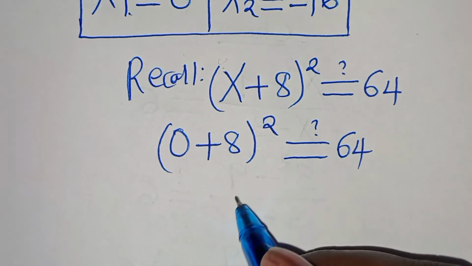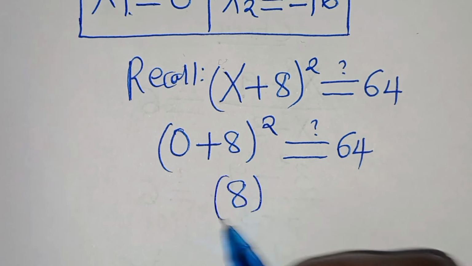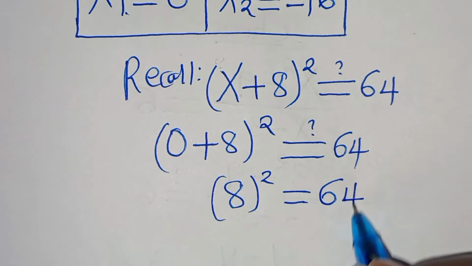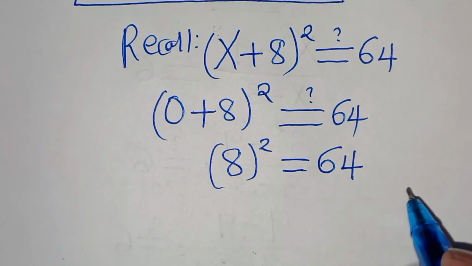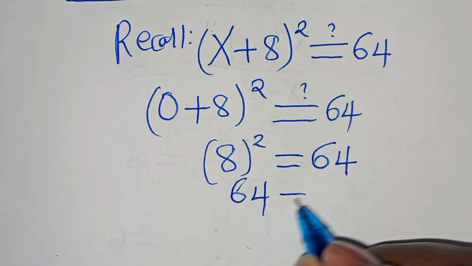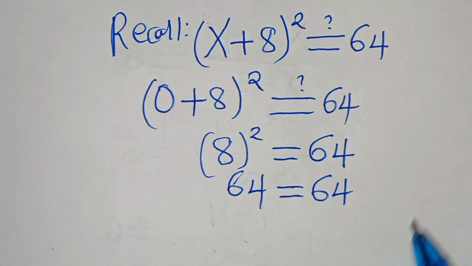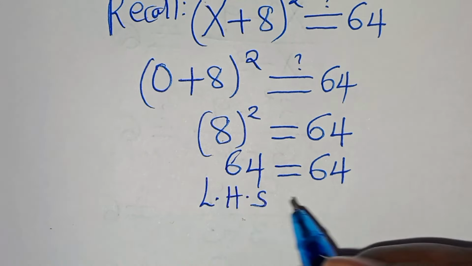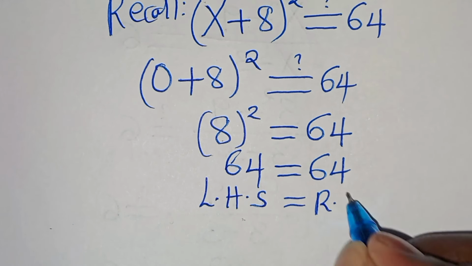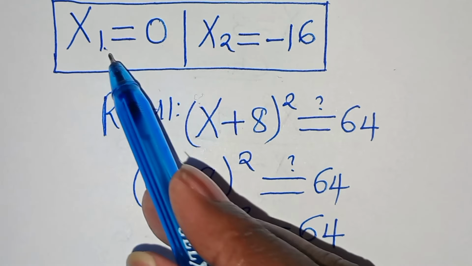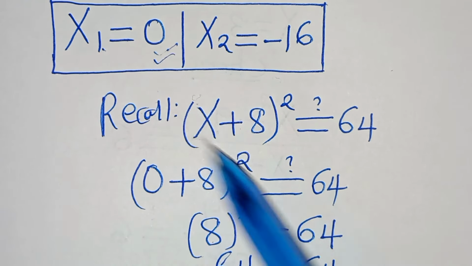So 0 + 8 is 8 raised to the power of 2. 8 to the power of 2 is 64, which is equal to 64. This means that the left-hand side is equal to the right-hand side, and this affirms that x1, which is 0, satisfies the equation.